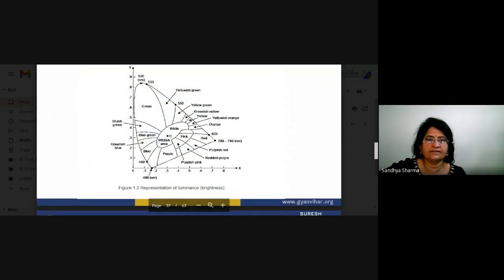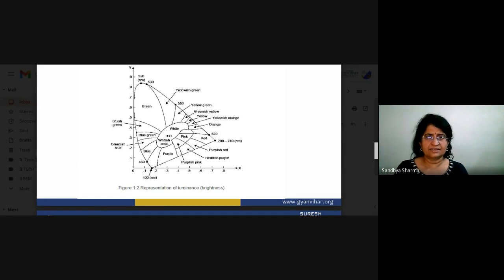This is the wavelength range which we have to see here. You can also see bluish green, green, greenish blue, blue, purple, purplish red, reddish purple, purplish pink. So there are different minor shifts from blue to green, green to blue, and different shades are generated by the color theory.